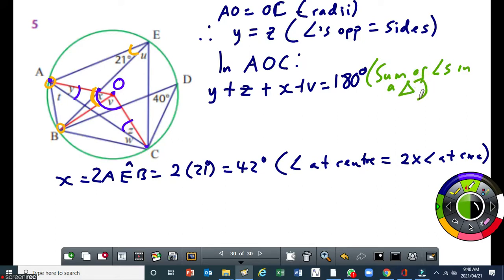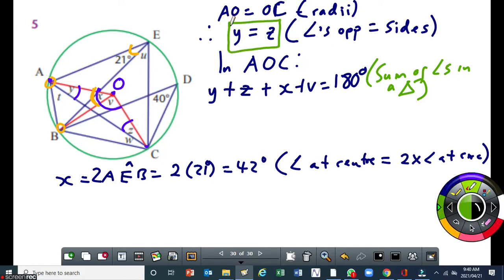I hope you are following. Right? Then let's substitute now. The good thing is, if I want to find y first, I can replace this z by y. Look here, do you see what I wrote here?